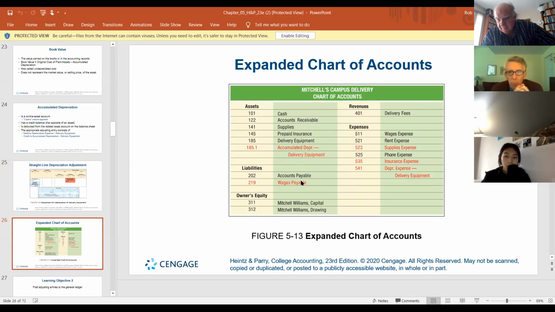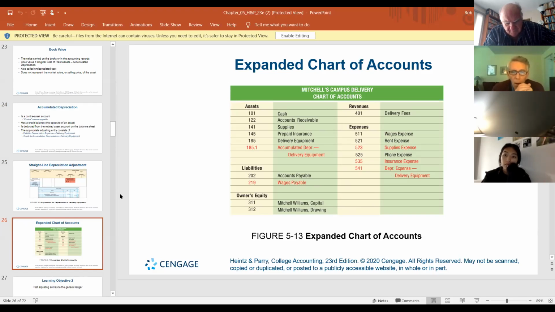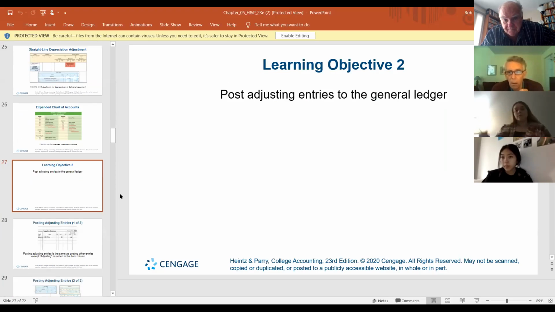Wages payable represents those last few days of the month where you worked, earned your money, and are entitled to it, but you're not going to get paid till next month. And the different expenses, we debited supplies expense, insurance expense, and depreciation expense. Not too tough, I don't think, so far, as long as you diligently do some of these problems.